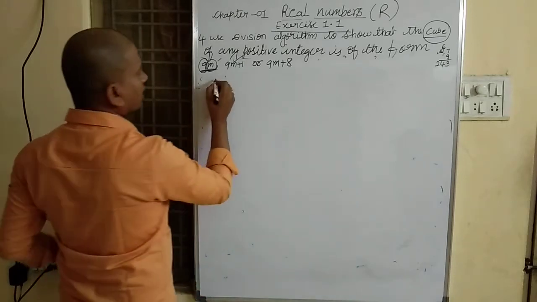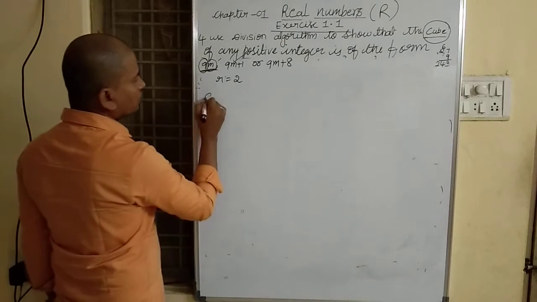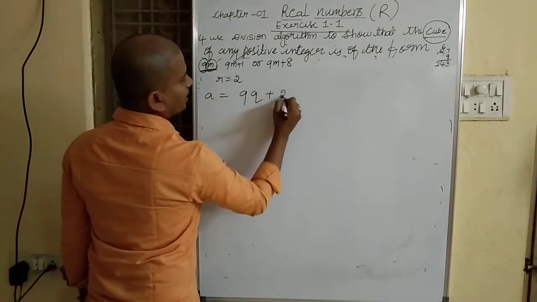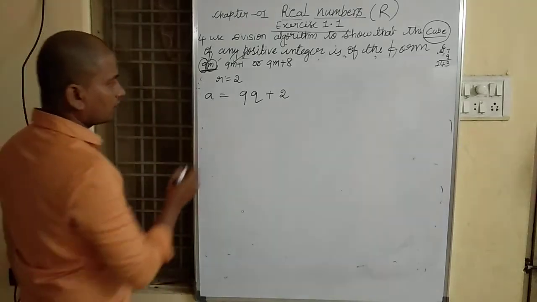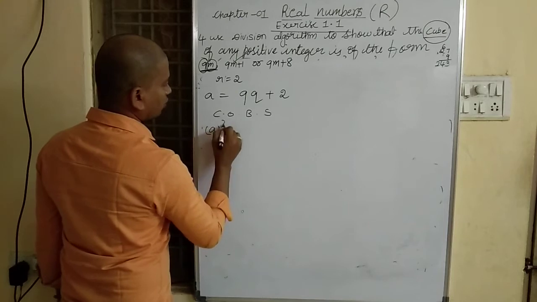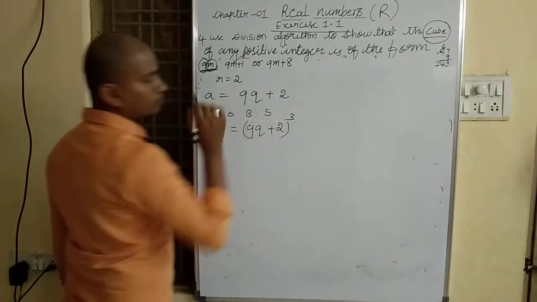Now third case, if r equal to 2, so Euclidean lemma is a equal to bq plus r, 9q plus 2. Again cubing on both sides. So a cube equal to 9q plus 2 whole cube.